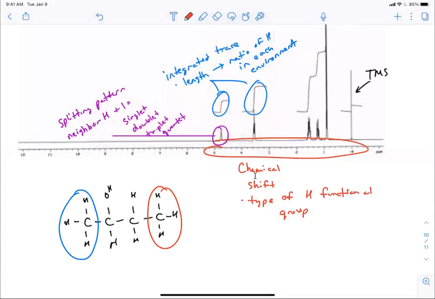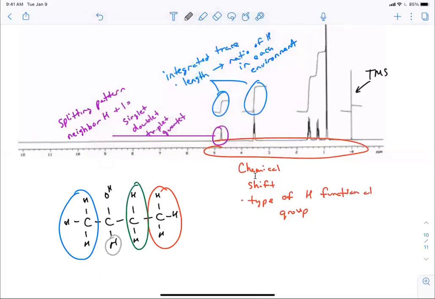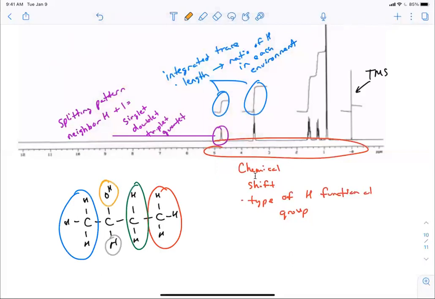One environment here. This environment here. This environment here. Oops, wrong color. And this environment here. So there's actually 5 different environments in this structure because it's not symmetrical, so the end ones aren't the same.